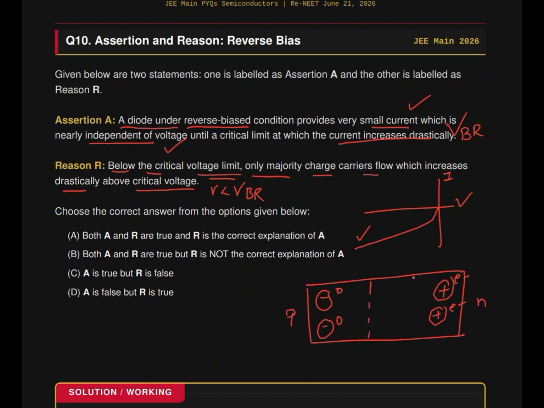When there is no breakdown, in this region there are no majority charge carriers, but electrons can flow, and holes can flow, in very small amounts, but this can happen, right? And these are minority carriers, electrons for P side and holes for N side. These are minority. So the reverse saturation current I_S is due to minority carriers. So A is true and R is false.